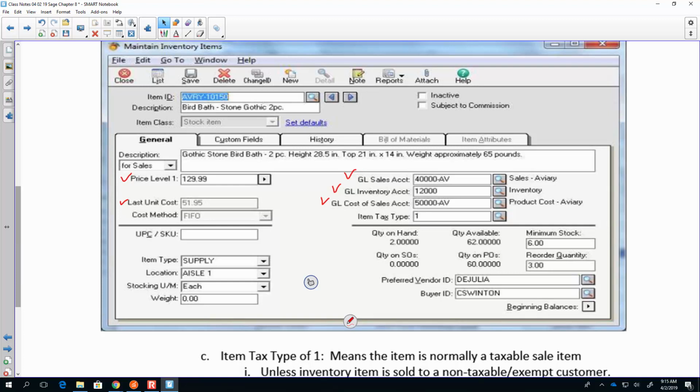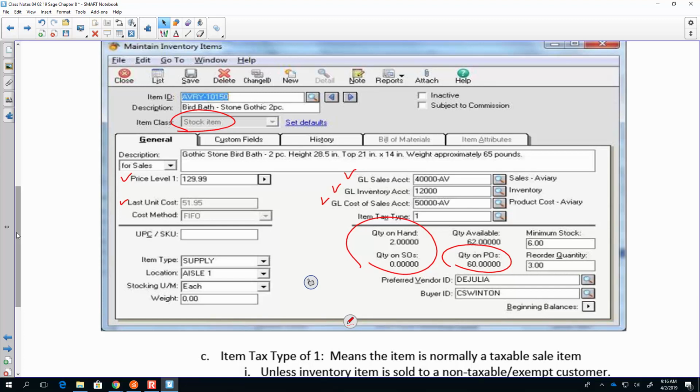Since this is a stock item, we will track quantities on hand. On hand means we have it. What's coming in under a PO, right? And then what we should have available shortly.